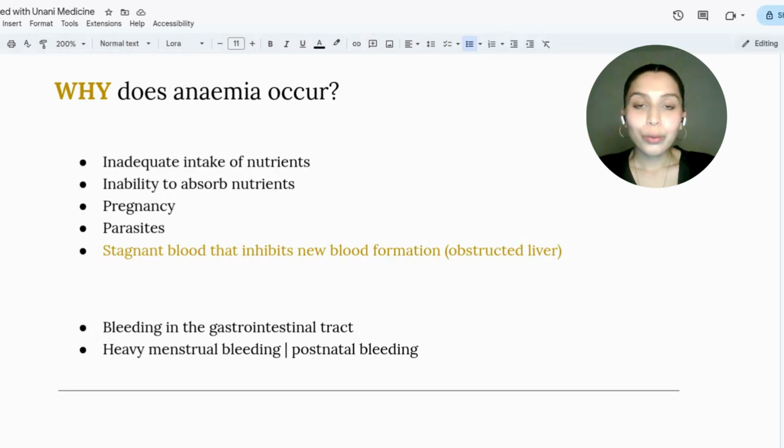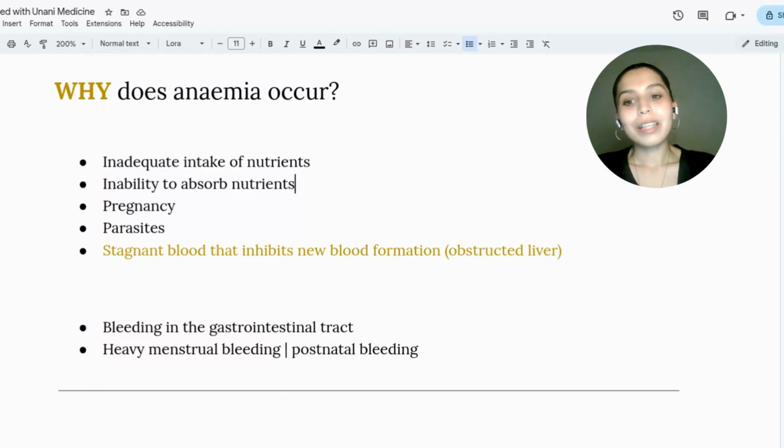Iron is what creates red blood cells, and so if you've got an issue with parasites, and you're eating the best diet in the world, you end up feeding the parasites. They end up getting stronger, and the body becomes weaker. So again, an issue with the production.